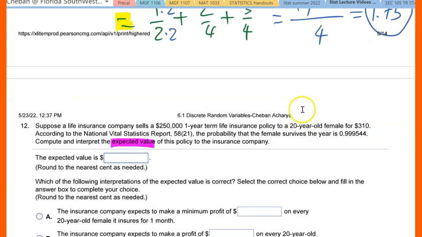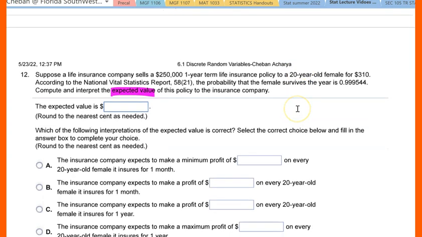Question number 12. This is about an insurance policy, and you have to read the question a few times to get the idea of what it is saying. Suppose a life insurance company sells a $250,000 1-year life insurance policy to a 20 years old female for $310.